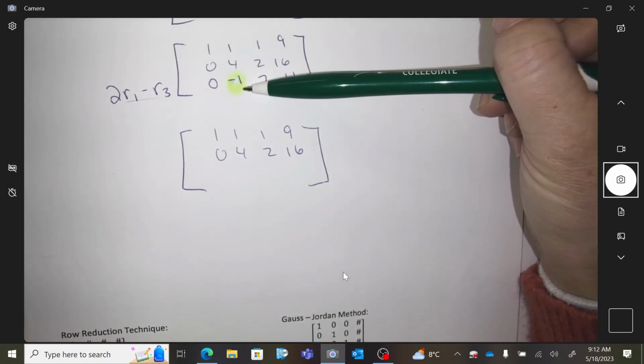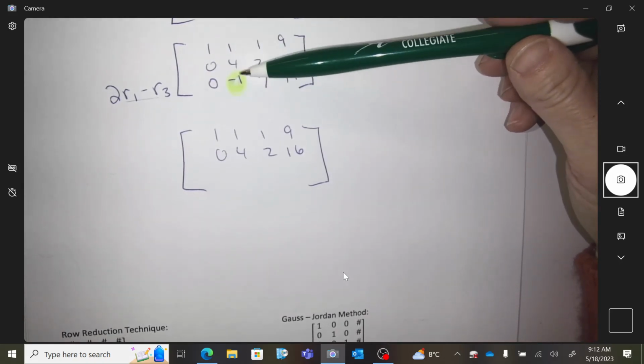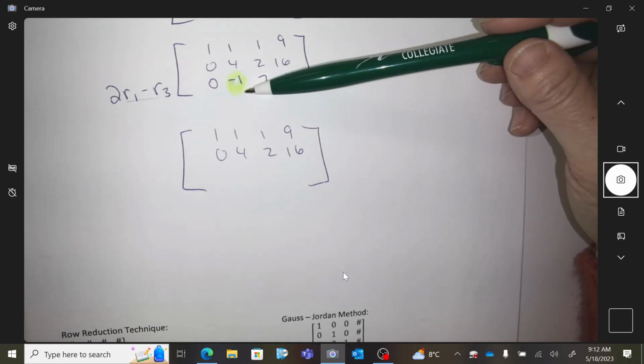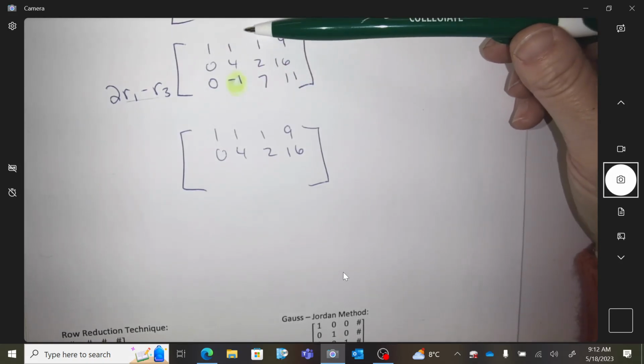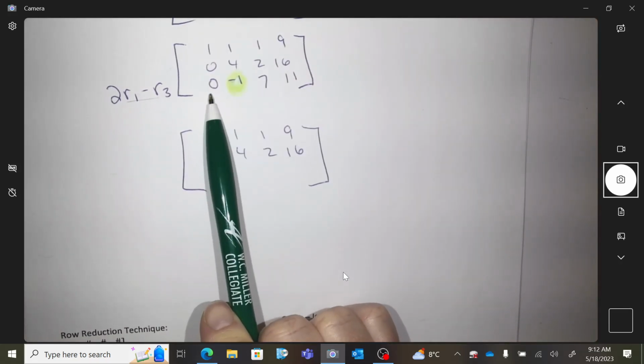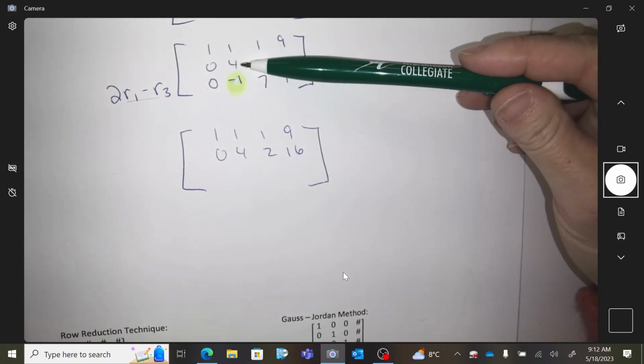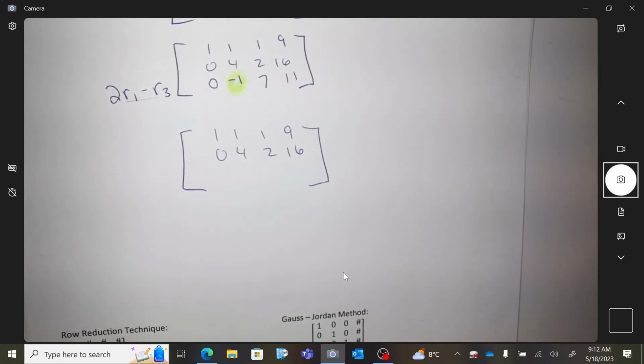Here's something that you might think to do but is wrong. I actually can't put it with row 1. Here's why. If I put row 1 and 3 together, guess what's going to happen? This 0 is going to become something else, which is just throwing away all the work I just did. So I have to put row 2 and 3 together at this stage.